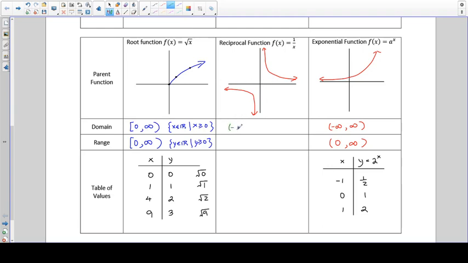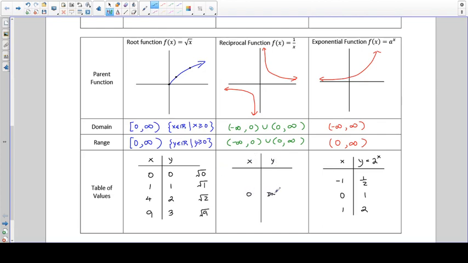So this is going to be negative infinity, 0, 0, positive infinity, and negative infinity, 0, 0, positive infinity. And these are the x values I always use.